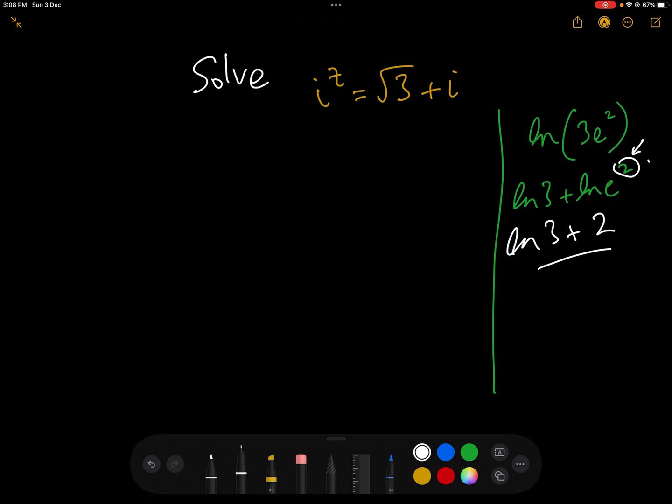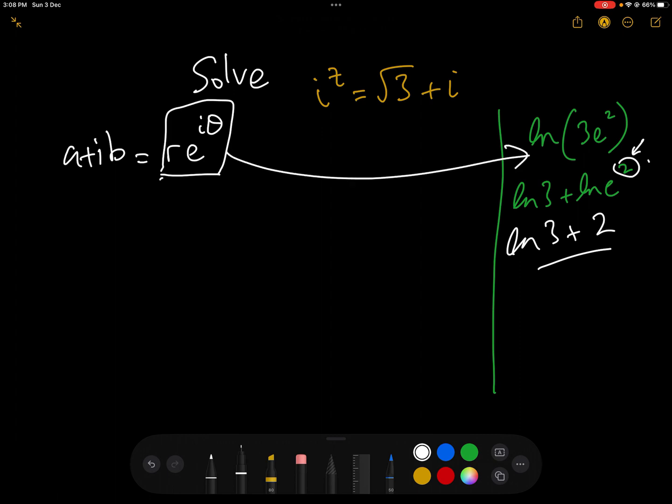Now, when we're dealing with complex numbers, fortunately, we have already discussed in great detail how to convert the general form of a complex number, a plus ib, into the exponential form, which is going to be re to the i theta. Now, when we then take logs of re to the i theta, it is exactly the same as taking log of a real number.